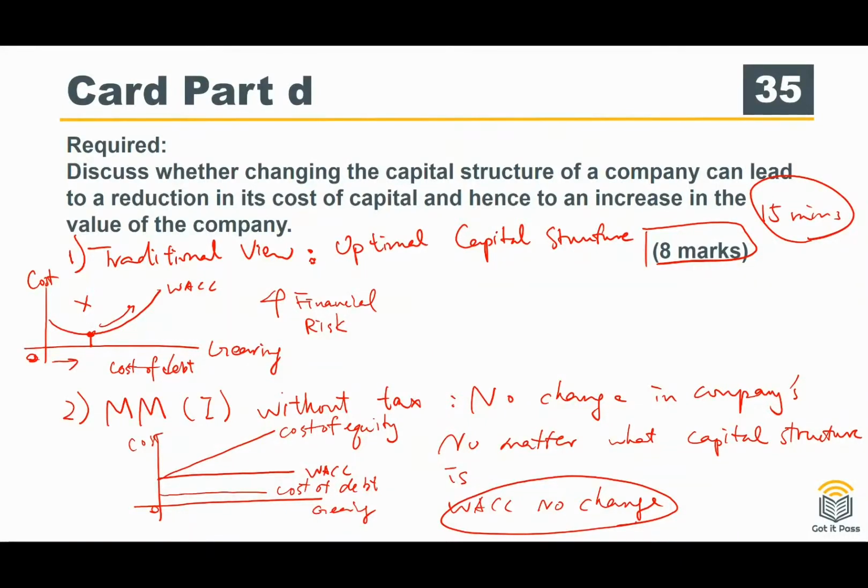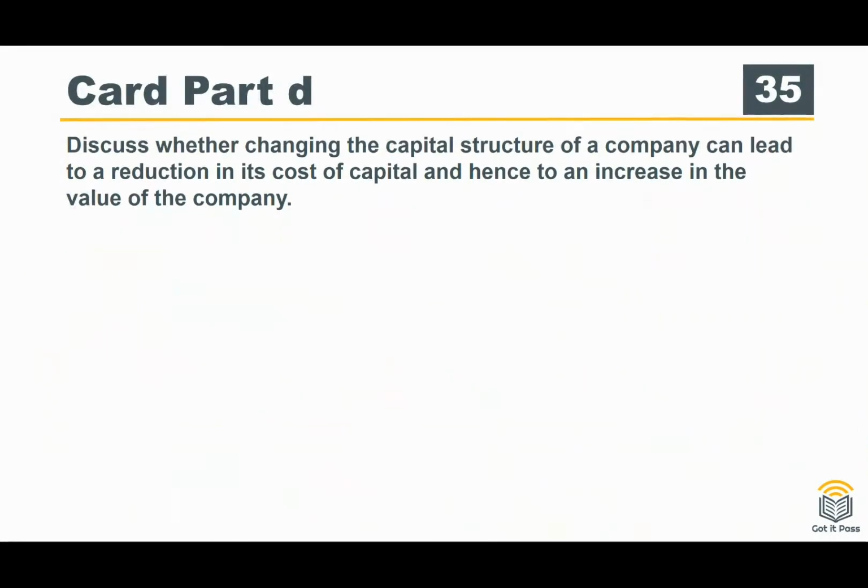Okay, because once you increase your gearing, your cost of equity will be increased. There's no financial risk which is not fully reflected in the cost of equity. And for M&M theory, there's another proposition which we call with tax.